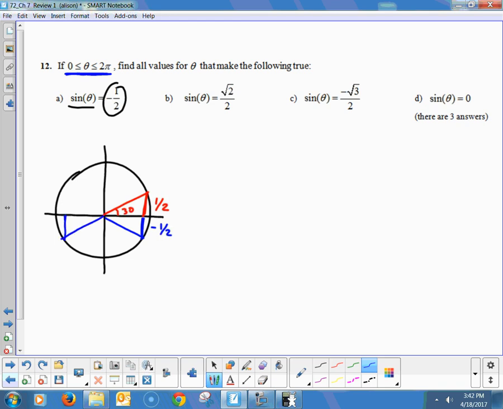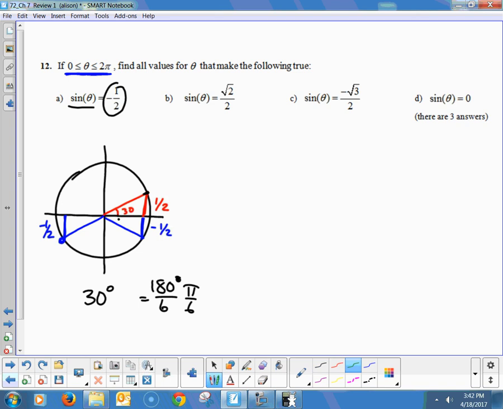So I could say over here, this angle has a -1/2. We'd have to find out how many radians it is. We have 30-degree angles. 30 degrees, that's 180 degrees divided by 6, so that's pi over 6.